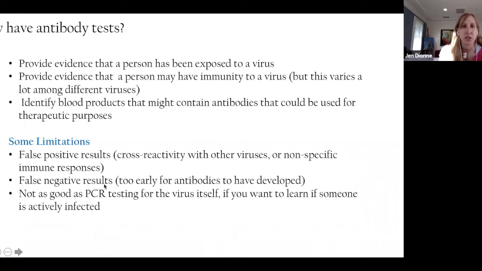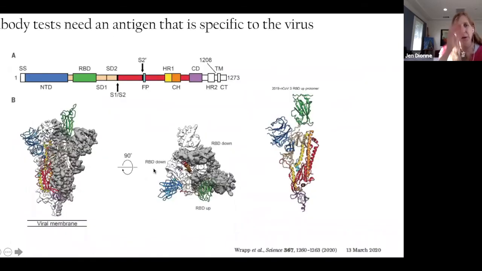And then also ensuring that you don't have false positive or negative results, for example, a non-specific immune response if you just have seasonal coronavirus. So I've been pairing up with Scott Boyd to develop an antibody assay, and his lab and other collaborators that he's worked with have identified an antigen that is very specific to the SARS-CoV-2 antibodies that would be generated.